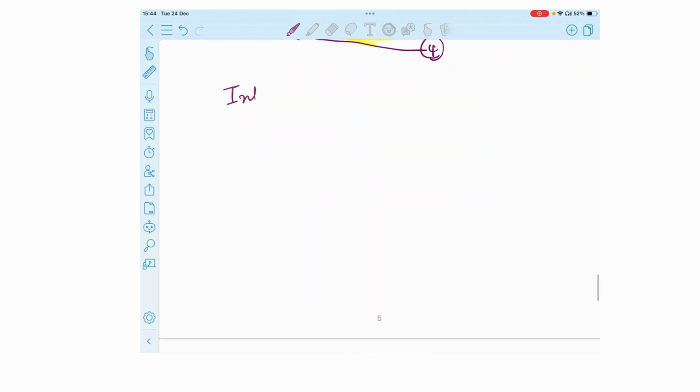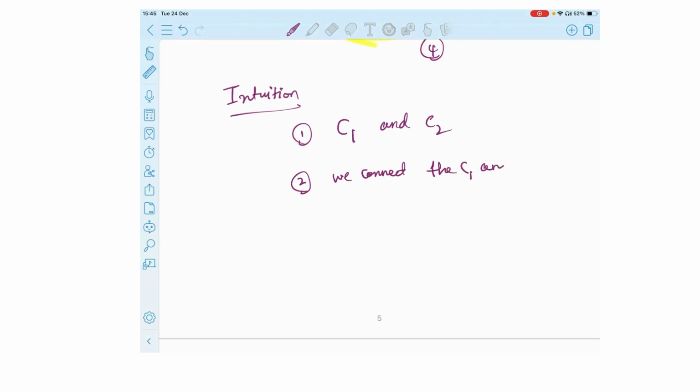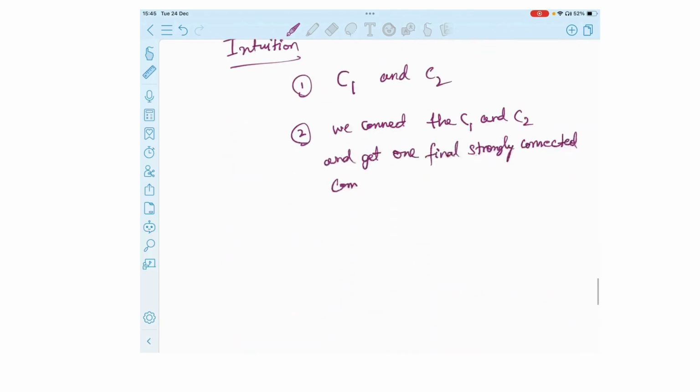What is the intuition? First one, there are two strongly connected components, let's say C1 and C2. Let's say a graph has two strongly connected components, and we connect the C1 and C2 and get one final strongly connected component, just like I explained here.